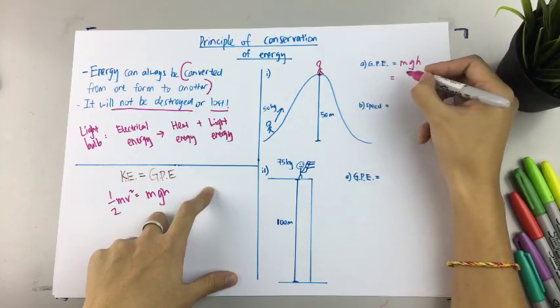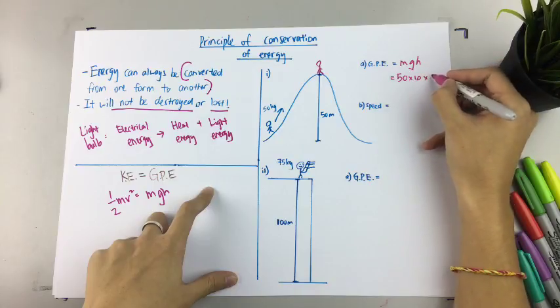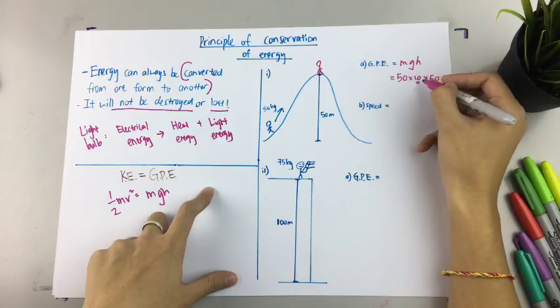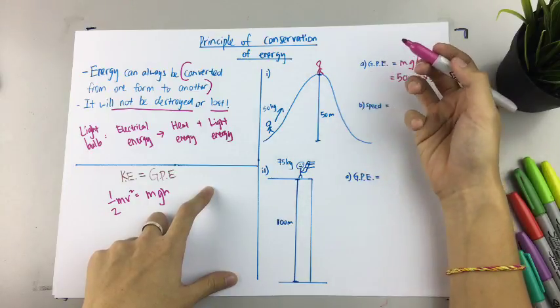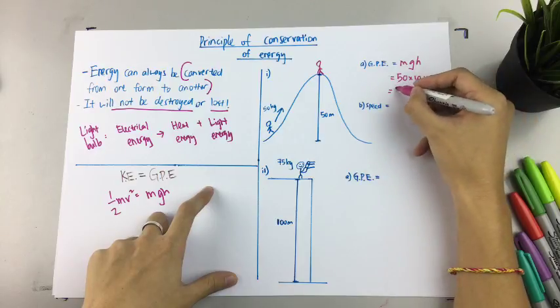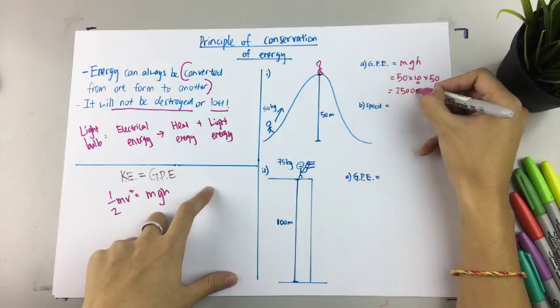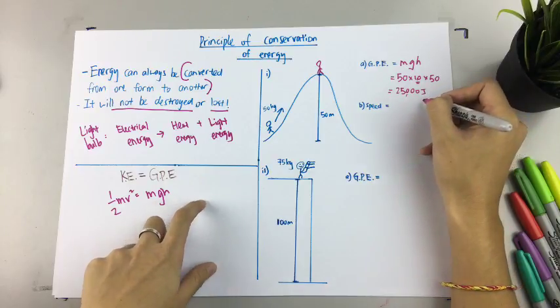Mass is 50 kg, gravity is 10, and the height is 50. Remember that gravity will always be 10. This is the gravity of Earth; unless it's on the moon, then it will be lower. But on Earth, it is always 10. So the final answer is 25,000 joules.